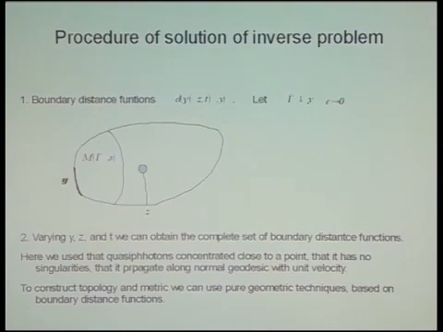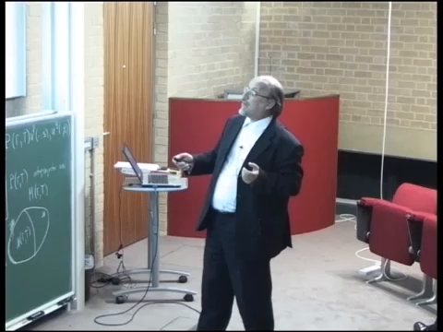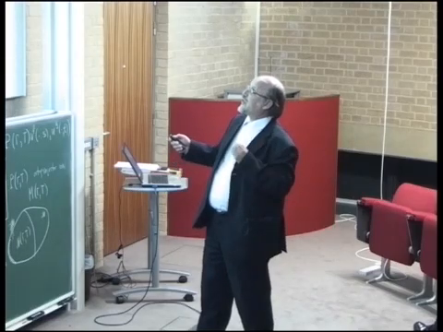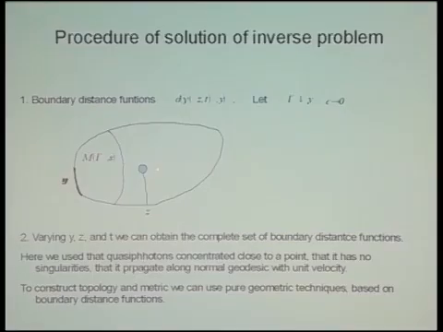Okay, now let's see what we obtain if we change the parameters and shrink gamma to a point. What do we obtain if epsilon tends to 0 for the quasi-photon? The centrum of the quasi-photon shrinks to a point on the manifold.